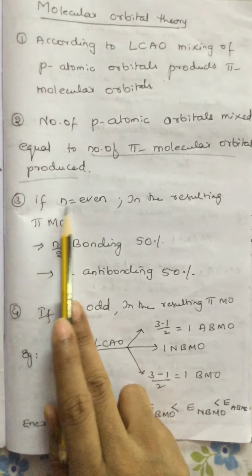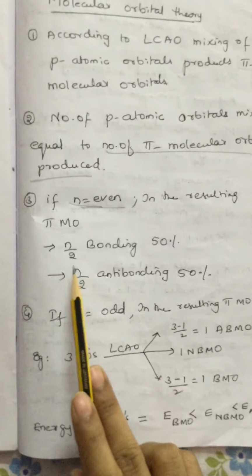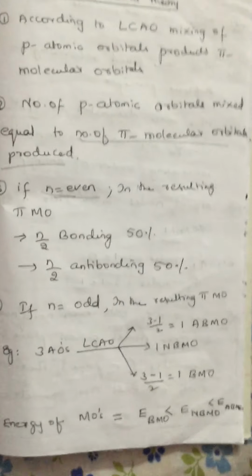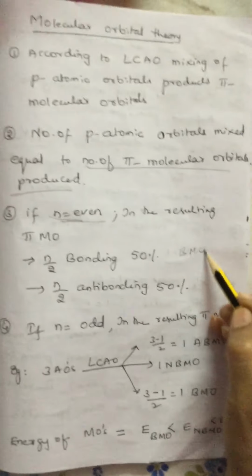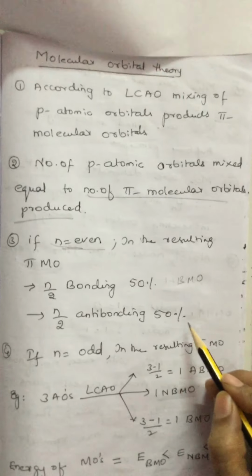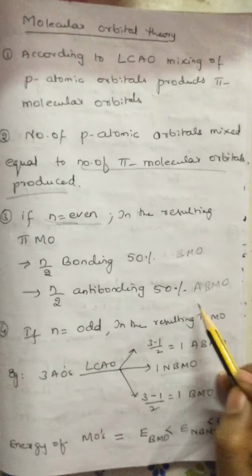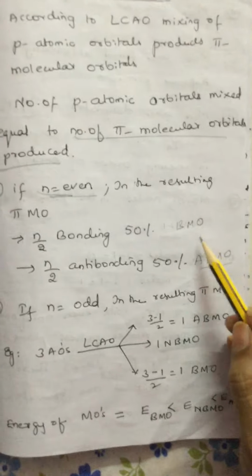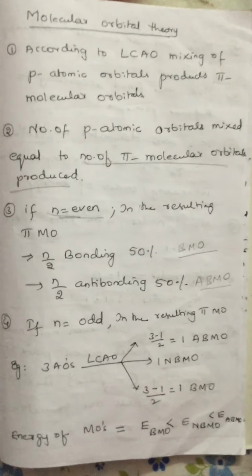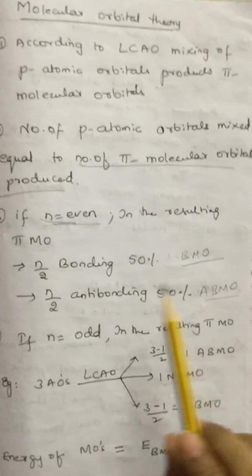The formula: if n is even, then you will have n by 2 bonding molecular orbitals and n by 2 anti-bonding molecular orbitals. That means 50% bonding and 50% anti-bonding. This is when n is even.